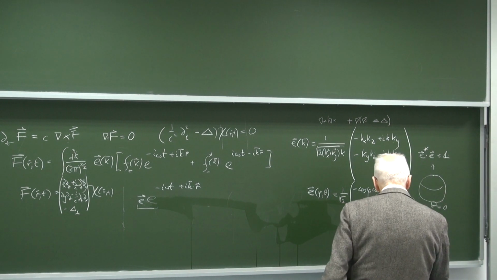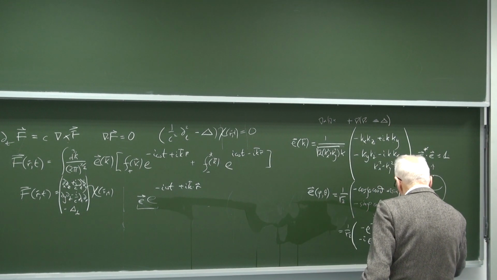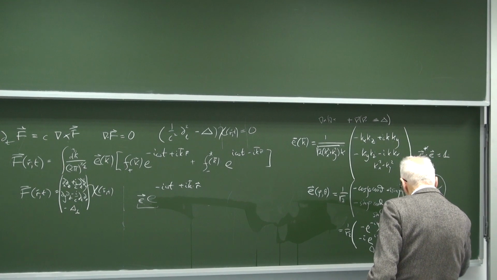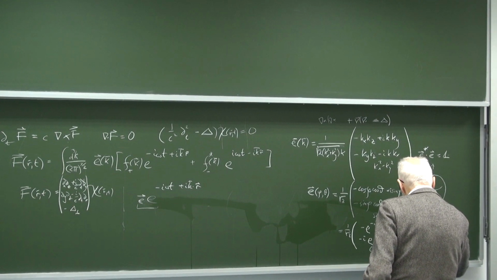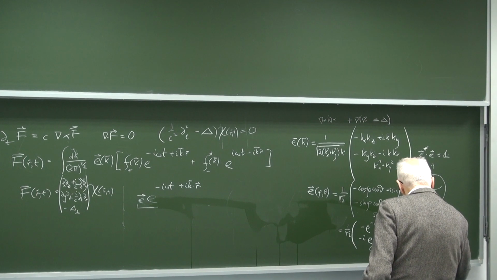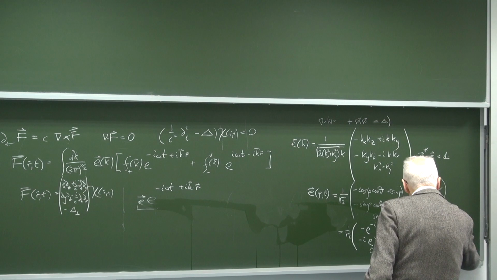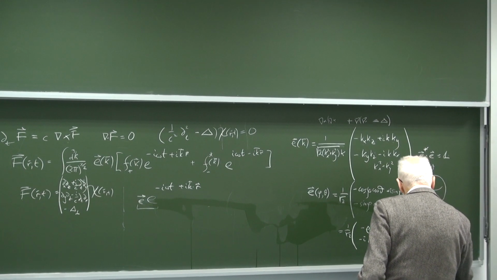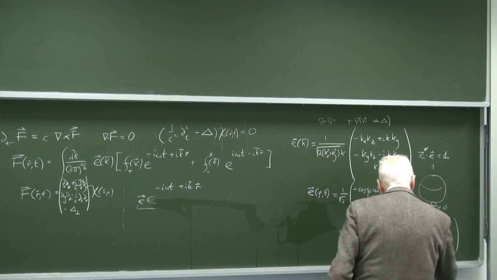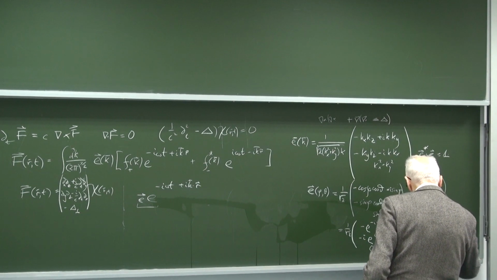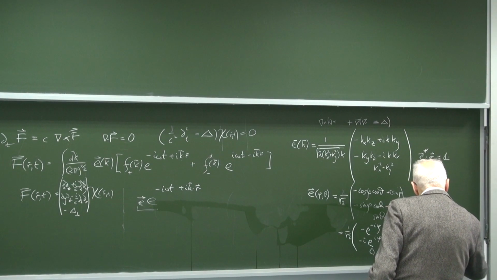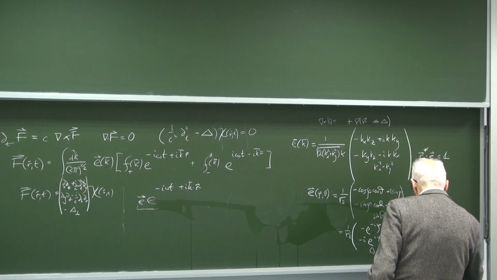Before I choose phi, let me pull out the factor of e to the minus i phi in front, square root of 2. And then we have minus 1 here. And here there will be minus i, e to the twice i phi, and 0.